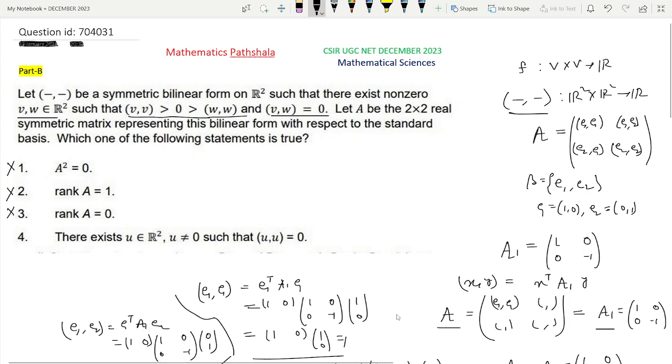That means we have such u, that is B(u,u) equal to 0 where u belongs to R2 and u not equal to 0. So this option is true in general. If such a bilinear form satisfies this condition, then such u exists. So option 4 is the correct option and options 1, 2, 3 are not correct. This is the solution of this problem.